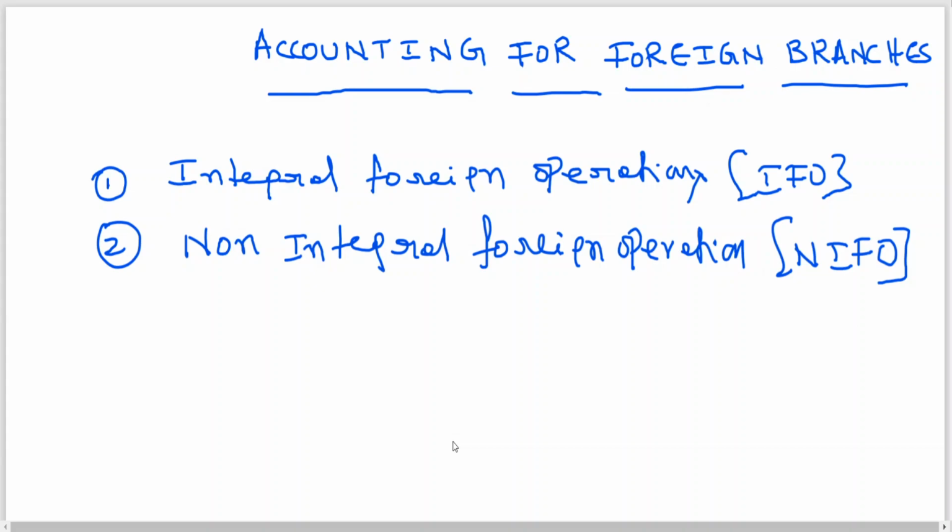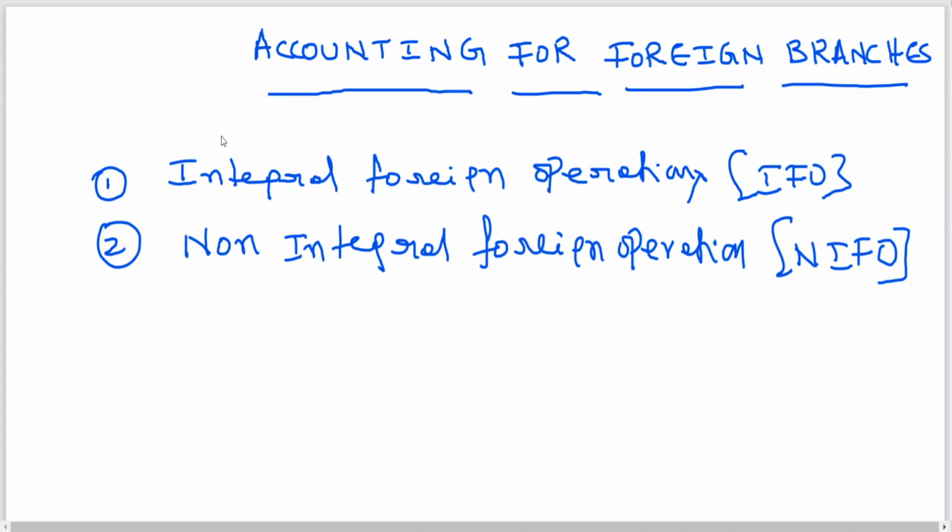We generally talk about the USA dollar converted into Indian currency. It can be 70, 72, 75, it keeps on changing. So how do we record, sir, the balances of a foreign branch given in foreign currency through the trial balance? You need to convert them, and that conversion is applicable for IFO and NIFO.